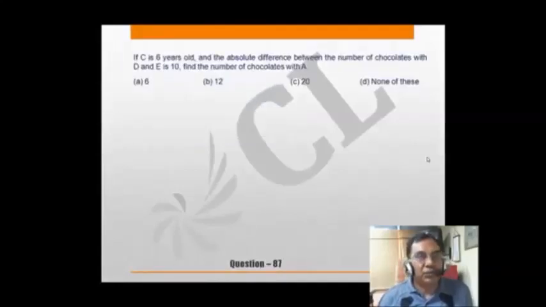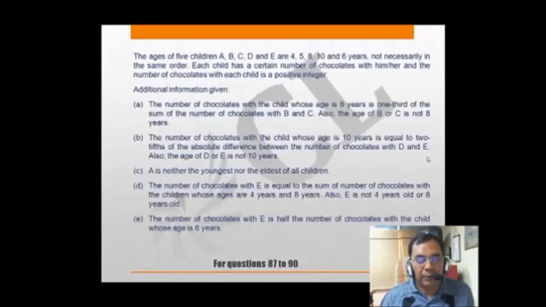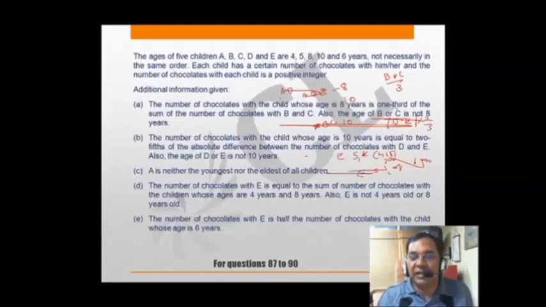If C is 6 years old, now C is 6. C is equal to 6. E is equal to 5. Okay, so B is equal to 10.